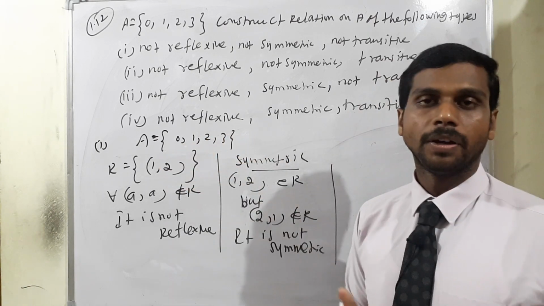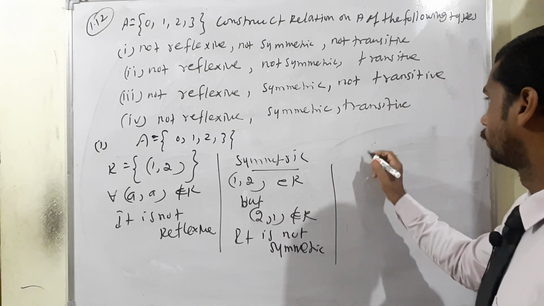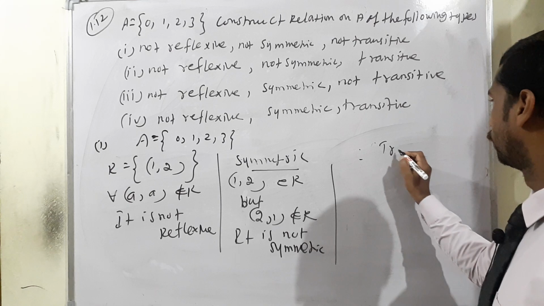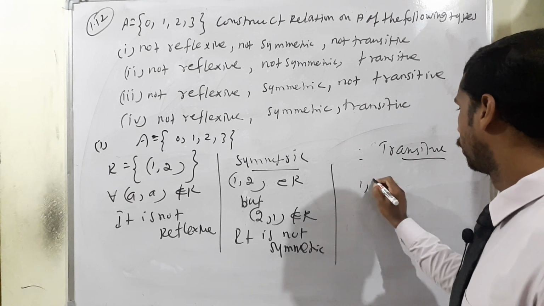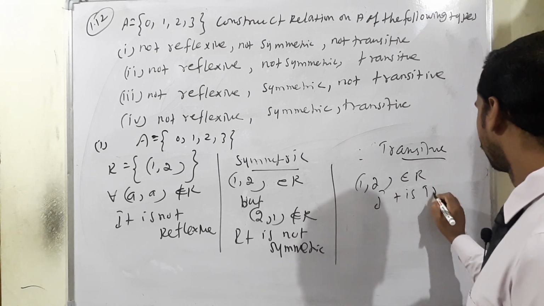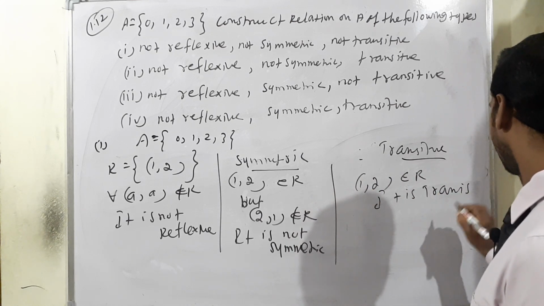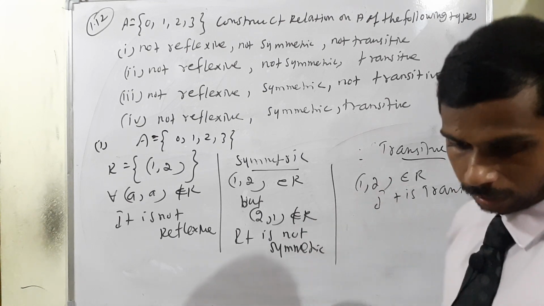A single term means definitely we can say it is transitive. Therefore, 1 comma 2 belongs to R, so it is transitive. Okay.